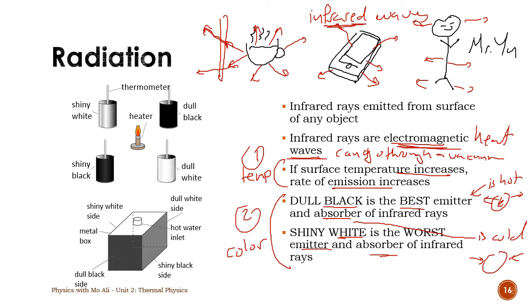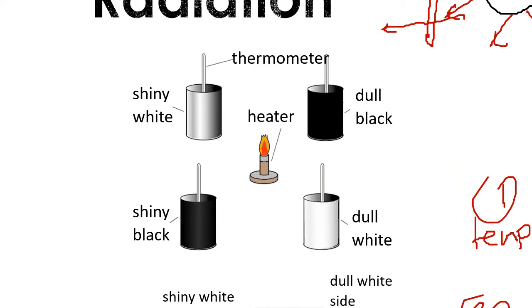Take a look at this experiment over here. If I get a heater, just a random heater, Bunsen burner, flame, electric heater, it doesn't matter, and I put it between 4 cans, and each can is painted in a different color. One's dull black, one's dull white, matte. One's shiny, or reflective, metallic black, and one's shiny white.